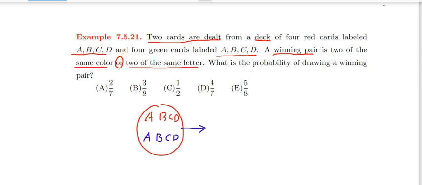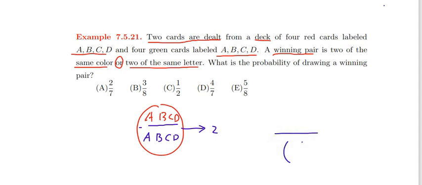So from here pick 2. So the total ways is, we don't care, just from them pick 2. So what is the probability that we can get a winning pair?